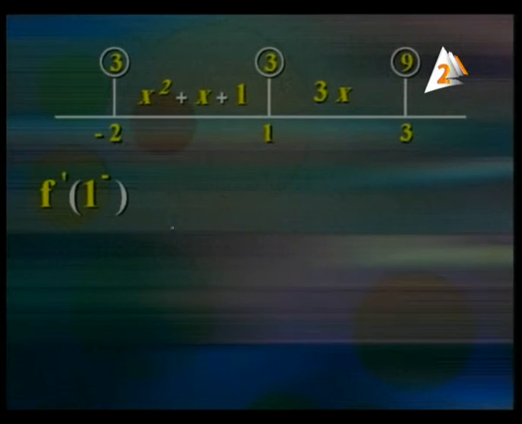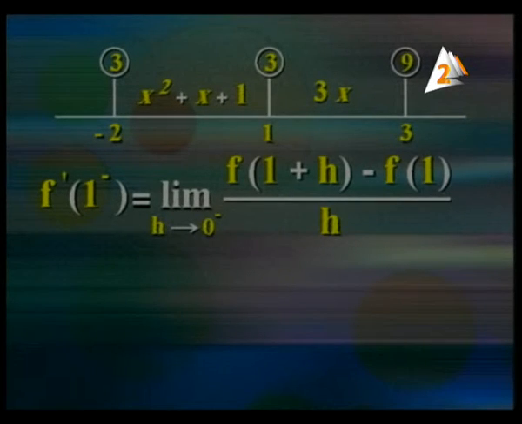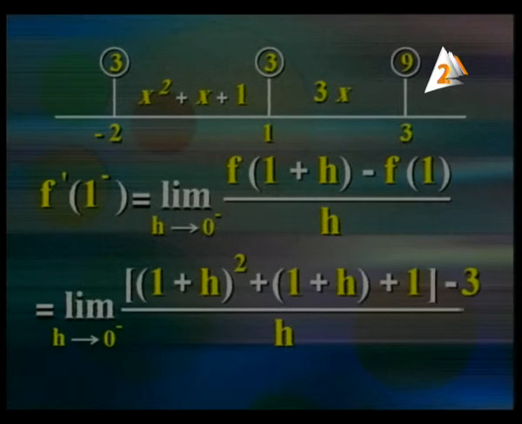For f dash of 1 negative, we use the function x squared plus x plus 1. We find the limit as h tends to 0 negative of f of 1 plus h minus f of 1 over h. We substitute x equals 1 plus h, so the limit is 1 plus h squared plus 1 plus h plus 1 minus 3 over h.